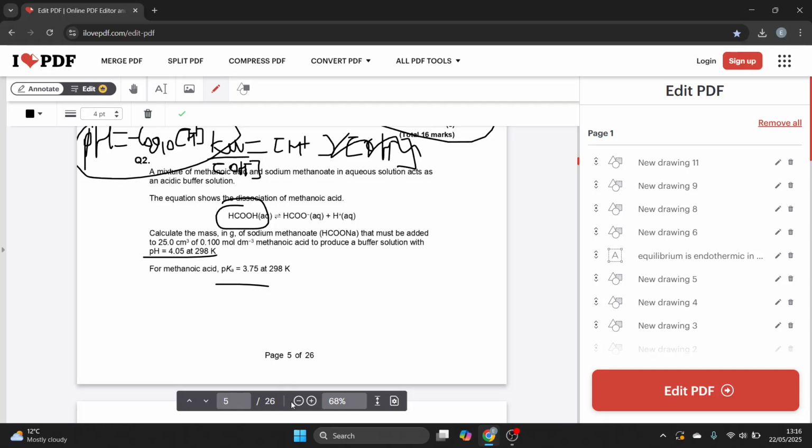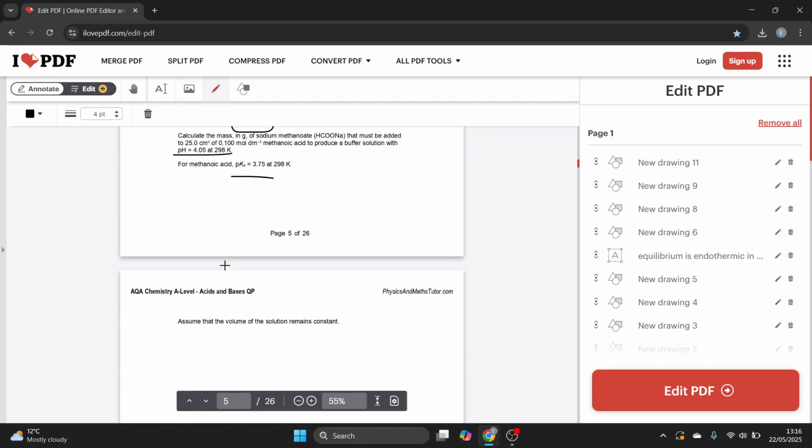So I'm going to do a lot of things before I even fully understand what's going on. I'm going to work out the moles of the methanoic acid, HCOOH: 25 divided by 1000, times 0.100.